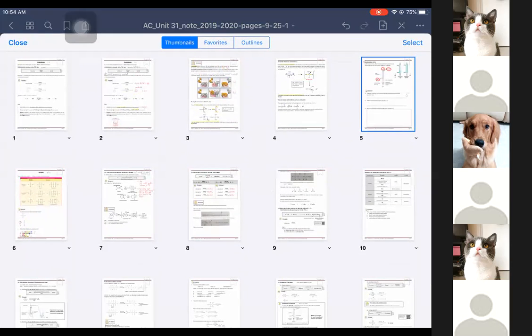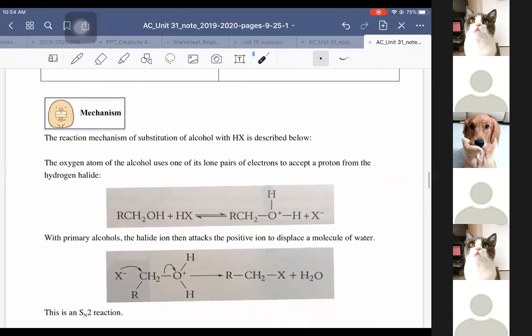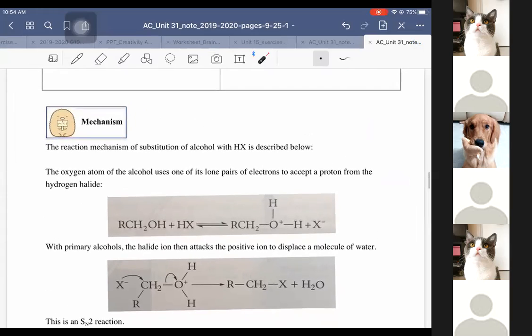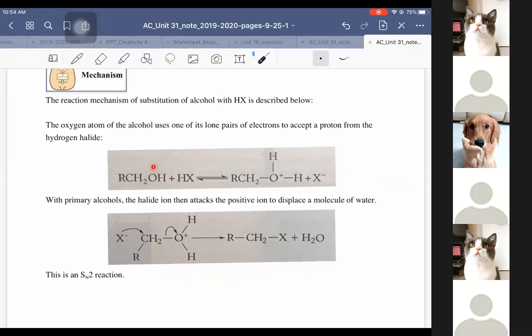A quick revision. Now, let's go back to the mechanism part. What's going to happen if we put alcohol with the hydrogen halide in this case? In the first step, the oxygen atom on the alcohol, because it has a lone pair, can accept a proton from the hydrogen halide. So it will form this oxonium ion.